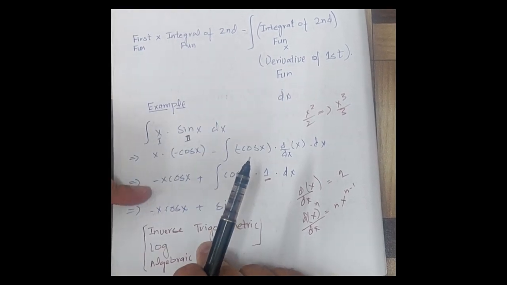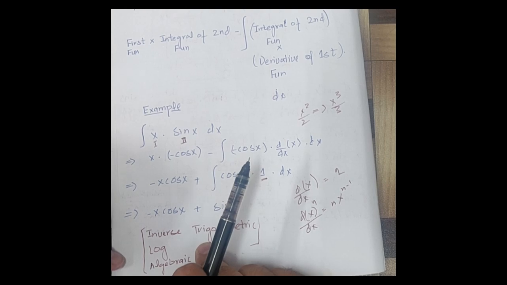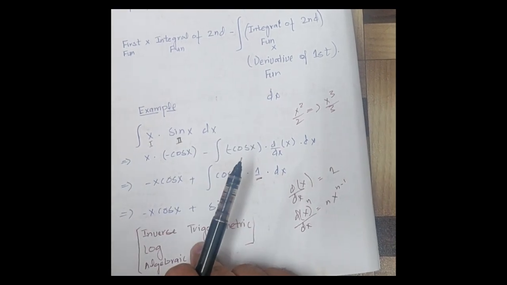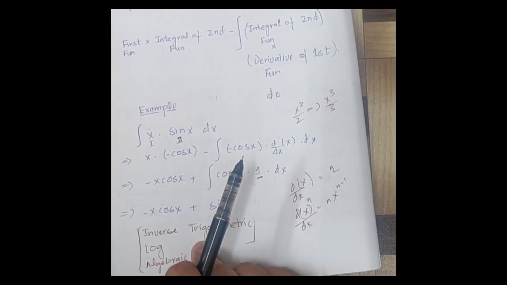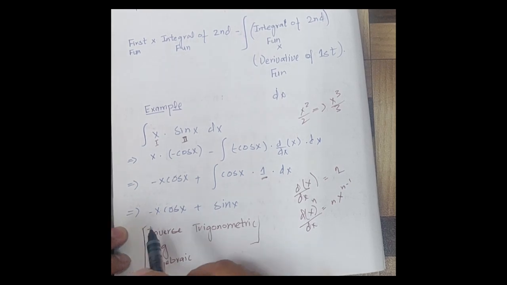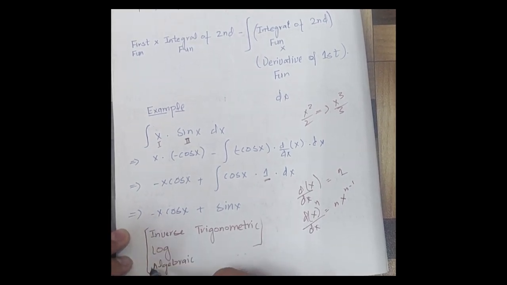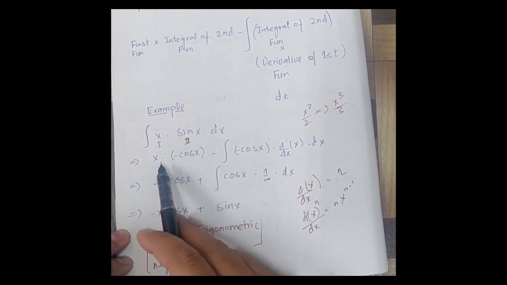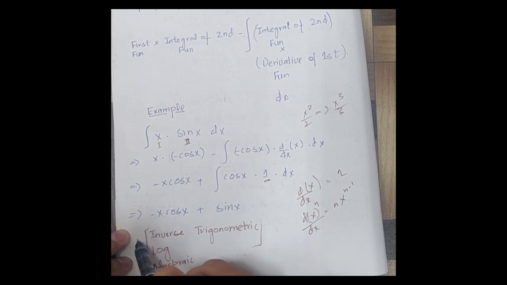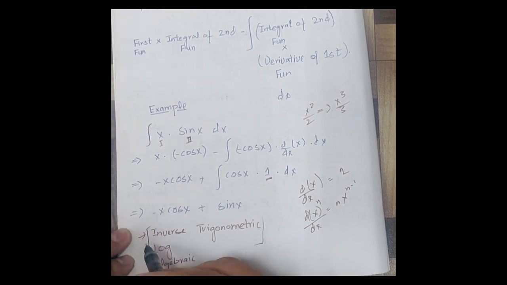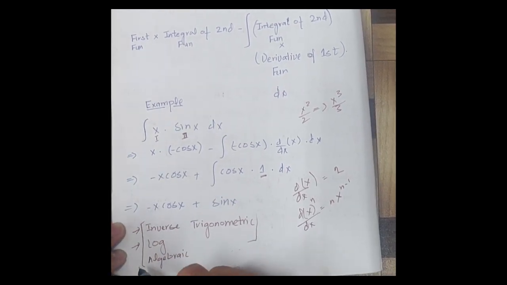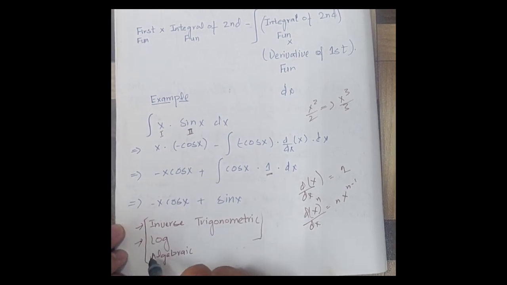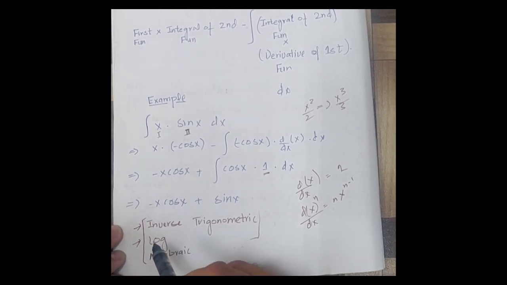But if inverse trigonometric or logarithmic functions are involved, then we will always use the inverse trigonometric and logarithmic functions, in that order, as the first function, because the derivatives of inverse trigonometric and logarithmic functions exist, but the integrals of these functions do not exist.